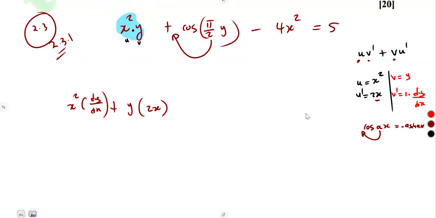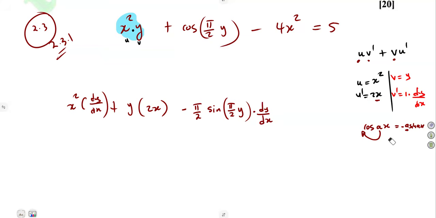This one is a constant, so it must also be visible. So it's negative pi over 2, the sine of pi over 2y like this. We differentiated with respect to y, so do not forget to multiply by dy/dx.